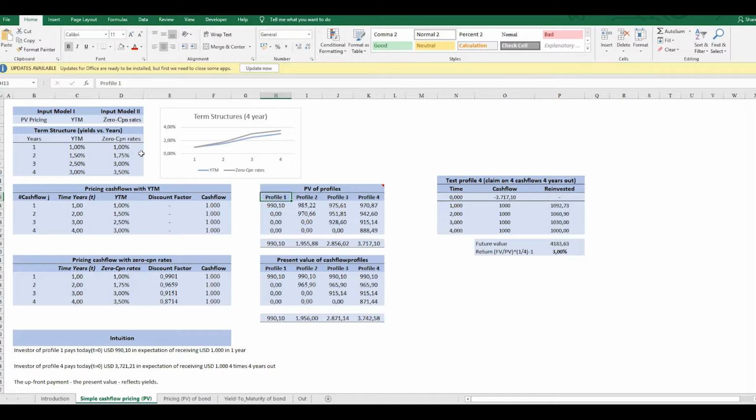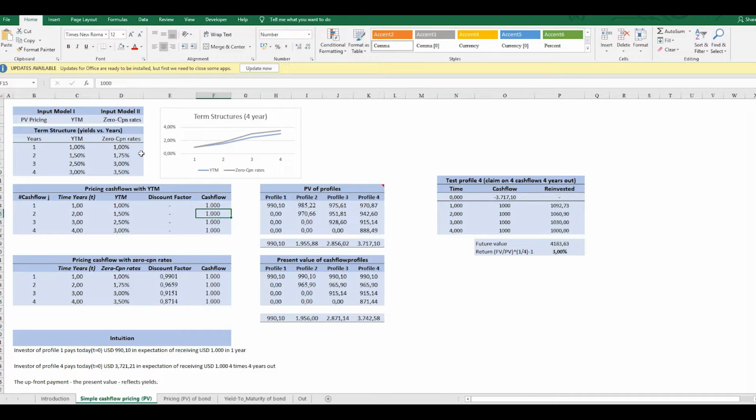The first investor buys one cash flow 1 year ahead. The second investor buys a second product which has a cash flow in year 1 and one in year 2.